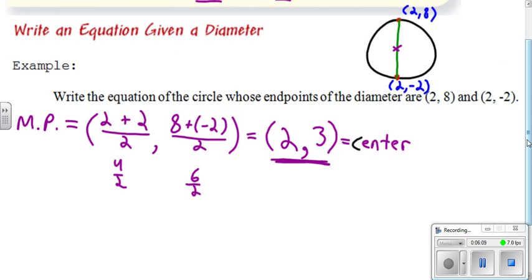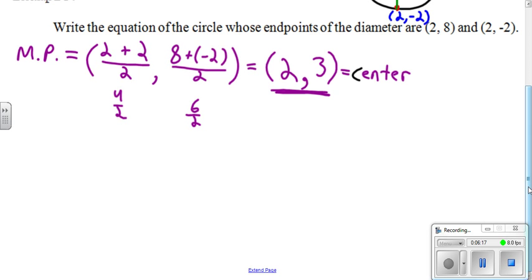Well, remember, the radius is just going to be this length here, from the center to one of those points. So we'll use the point (2, 8) to the center, which is (2, 3). That'll give us the distance, which is our radius.